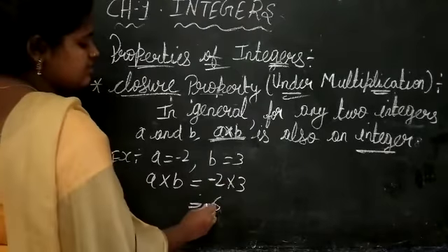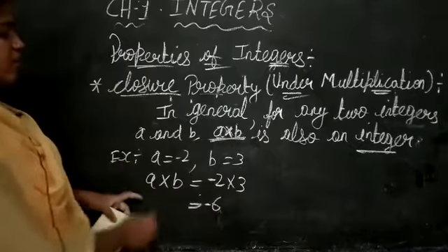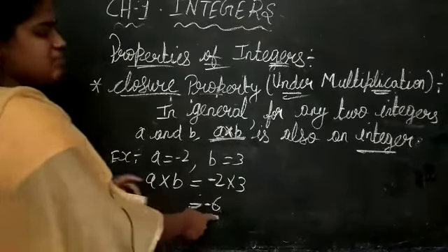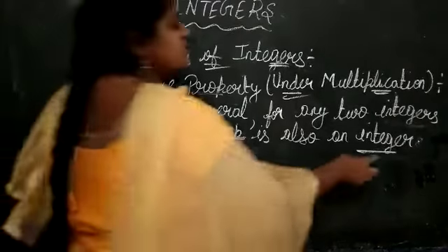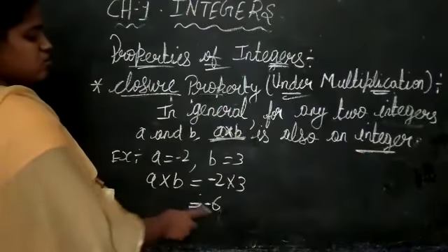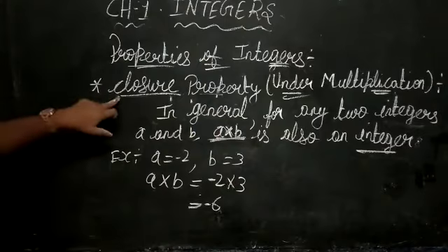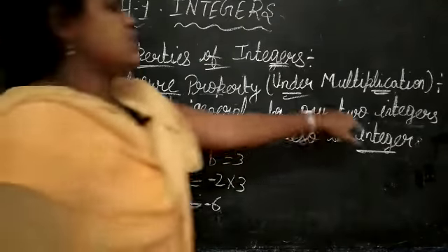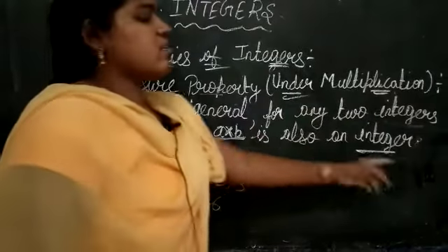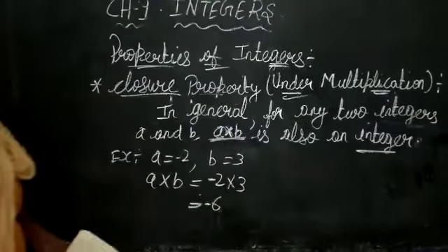Minus into plus is minus, so a into b is minus 6. Is minus 6 an integer? Yes, it is an integer. So you got an integer when multiplying a into b. This is closure under multiplication. Again write: in general, for any two integers a and b, a into b is also an integer, and the example.